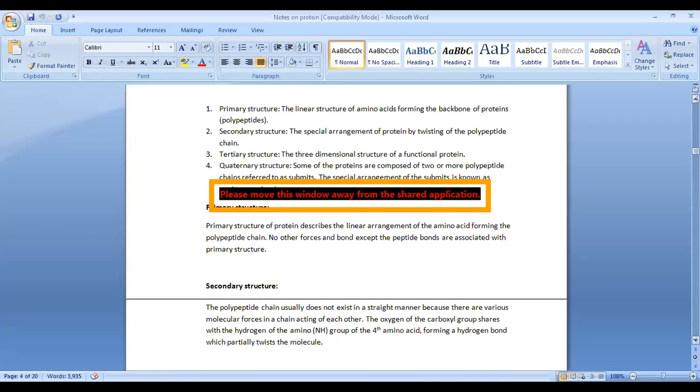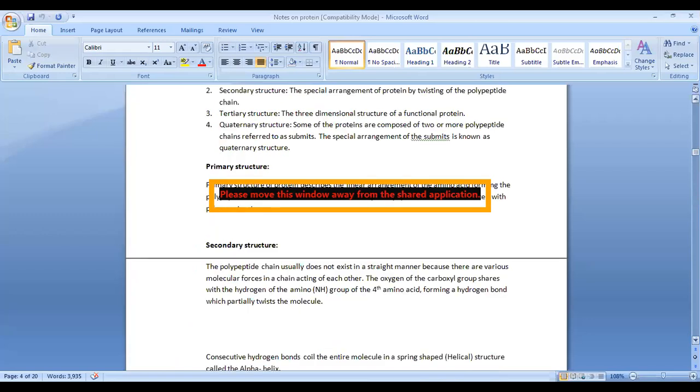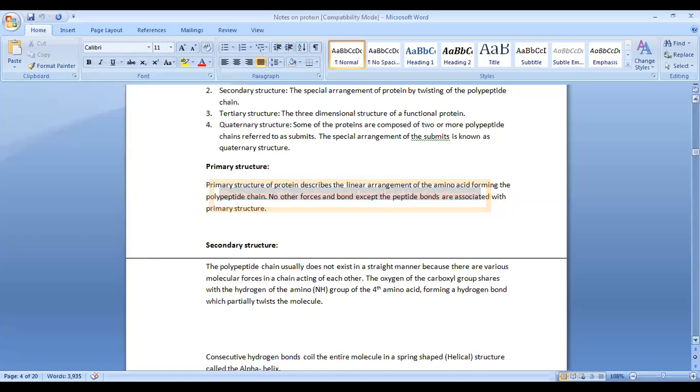In the secondary structure, the polypeptide chain usually does not exist in a straight manner because there are various molecular forces. So in secondary structure, you'll find some forces, so they will not be just a straight line. You will see there are some bonds there, so they will be twisted.